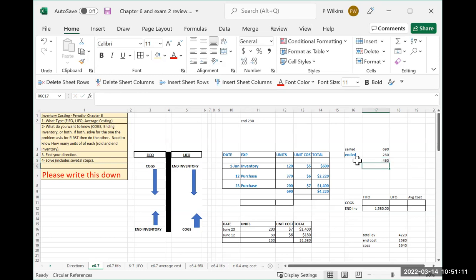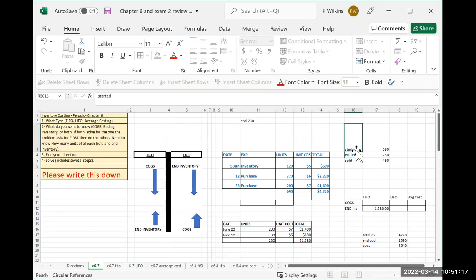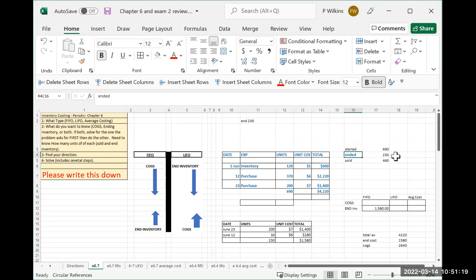We sold 460. Okay, because we started with 690 cars, and our ending inventory count was 230. That means we sold 460 cars. Now we want to figure out, do those 460 cars really cost $2,640, the cost of what we sold?